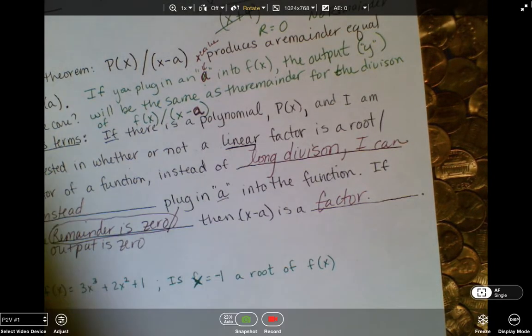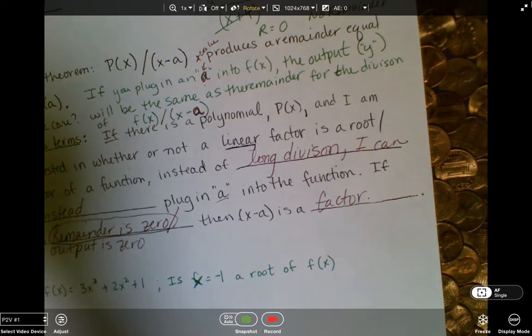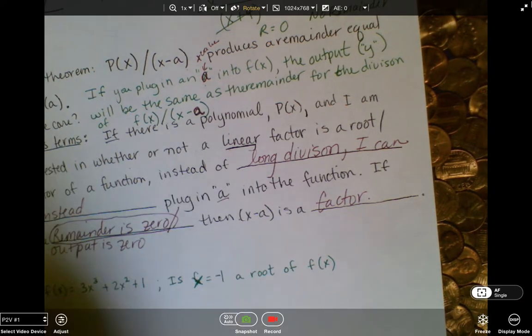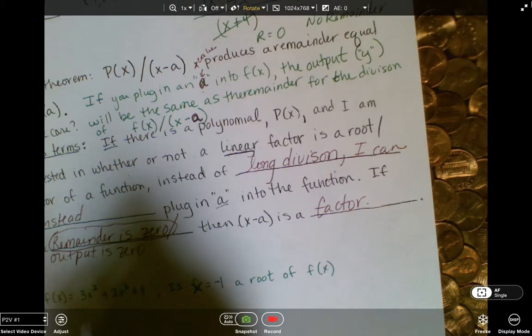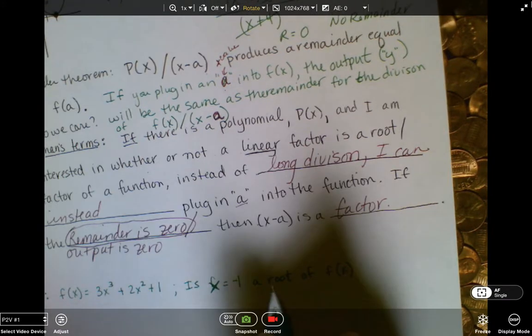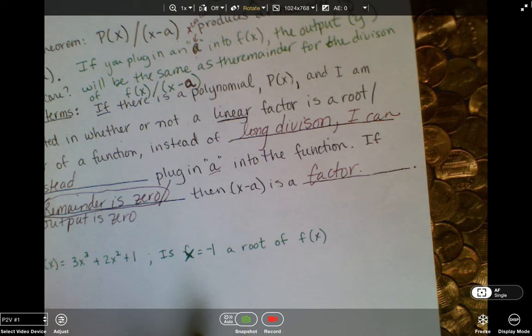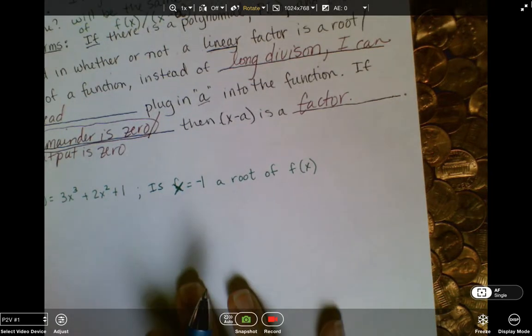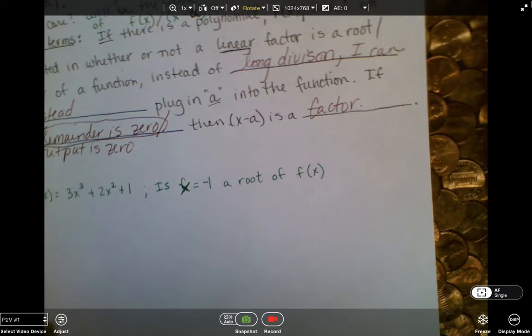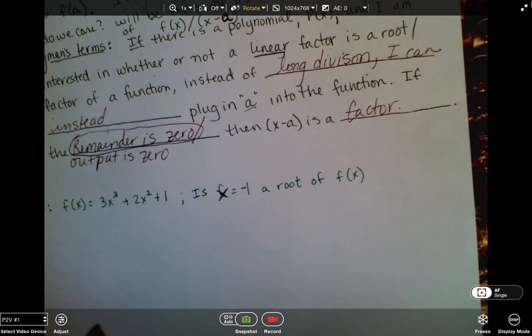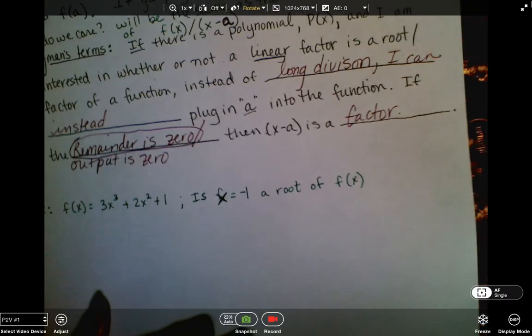So let's apply it here. We've got this function, and x minus 1 is a root of f of x. Let's come over here a little. All right, that's a little better.